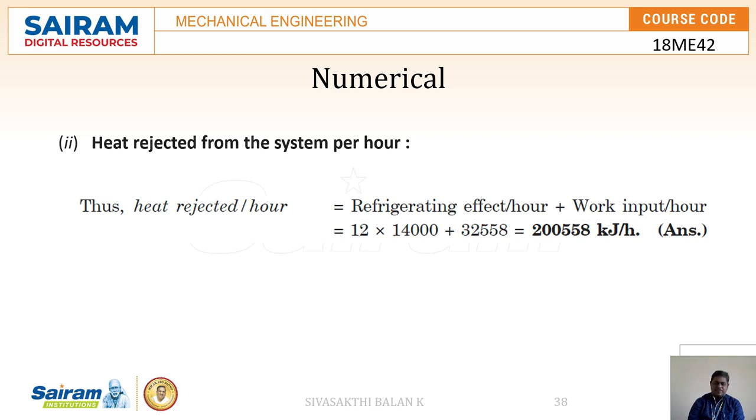This is a simple mathematical representation which we used in the previous problem as well. The refrigerating effect for 12 ton is 12 multiplied by 14,000 kilojoules per hour, and the work input in the previous slide we calculated as 32,558. If you do the multiplication as well as the addition, we finally get the answer in kilojoules per hour.